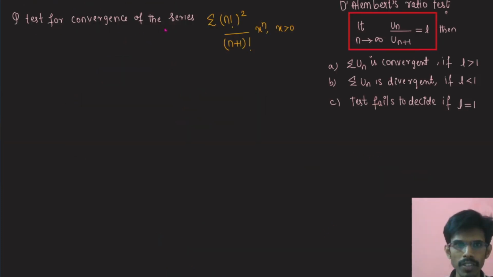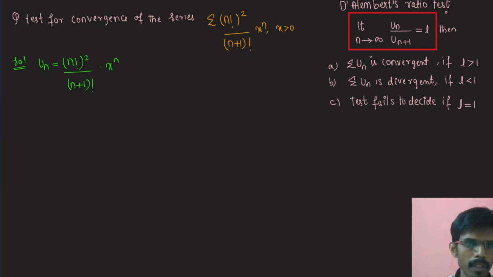Test for convergence of the series sigma n factorial whole square by n plus 1 factorial x power of n for x greater than 0. Now the general term un is n factorial square upon n plus 1 whole factorial into x power of n.